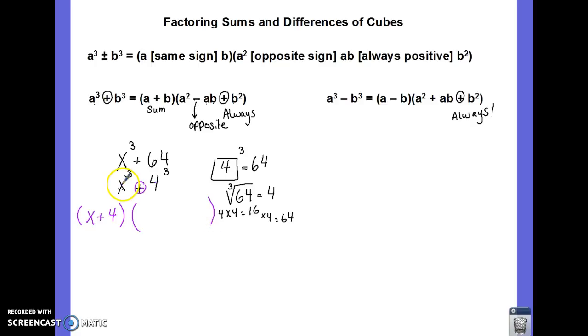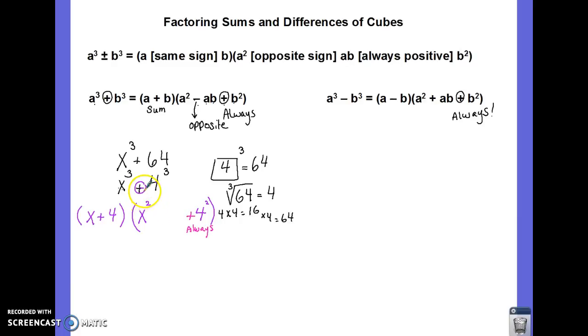My first base squared goes over here. My second base squared goes over here. No matter what, this is always a plus. Always a plus.